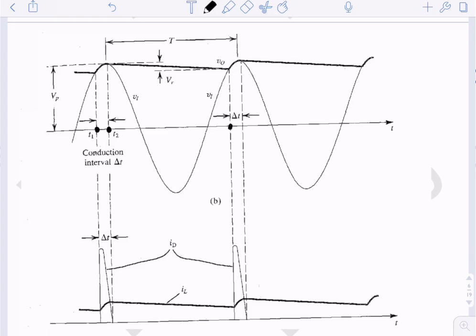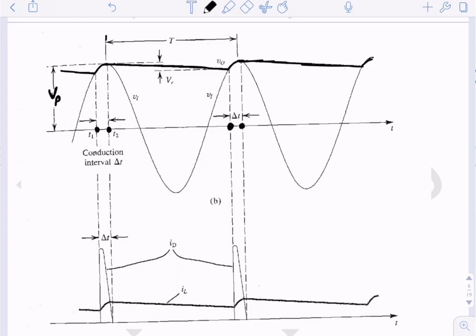Similarly, as I have drawn in the previous case, here the amplitude of the input is Vp. Now this is the output that is drawn with the dark black color. It is following as we have seen in the previous discussion, same.